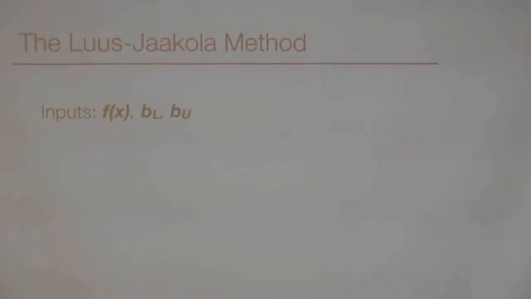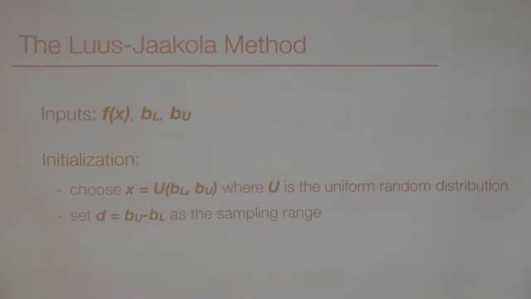Okay? And then there is an initialization phase and there is an iteration phase. So what we do in the initialization phase is that unless the starting point is given, we choose it as a random point from this interval. Okay? So if we have just one variable, then this is a line segment. If we have two variables, it is a box. If it is three, it's a cube, and so on and so forth.